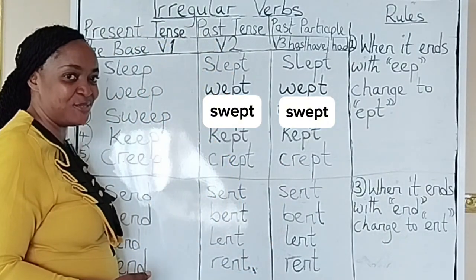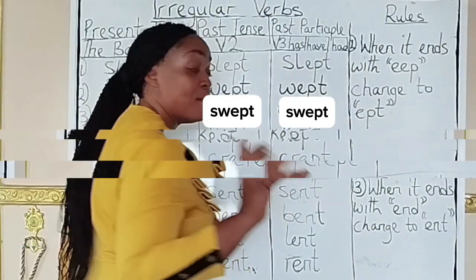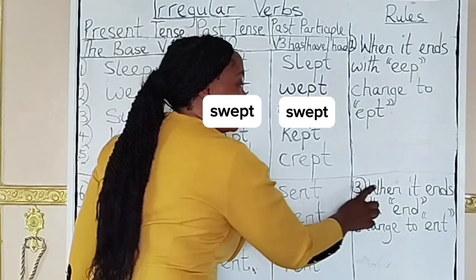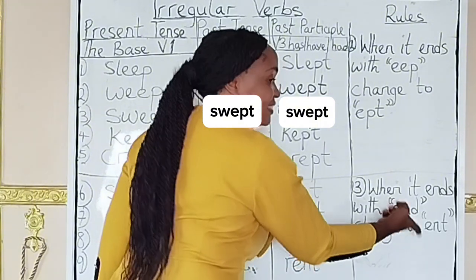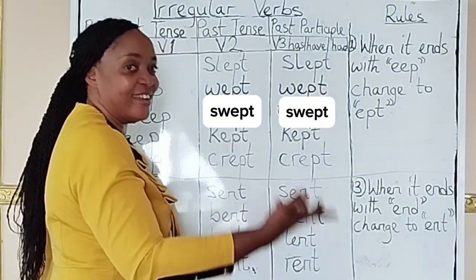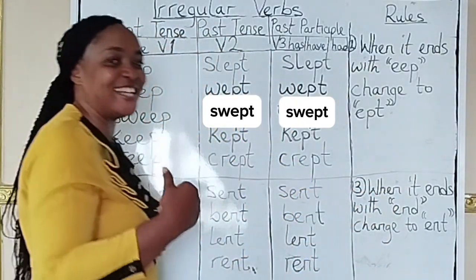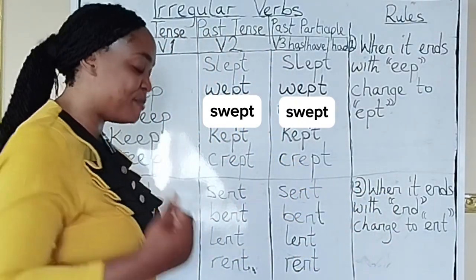What do you think about these rules? Are they working? Okay, let's go to number 3. The number 3 rule states that when the verb ends with END, end, change to ent. Let's try this together. It sounds funny, right? But it's gonna work.